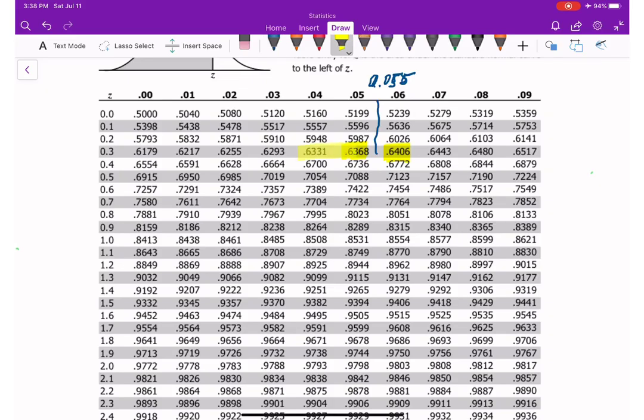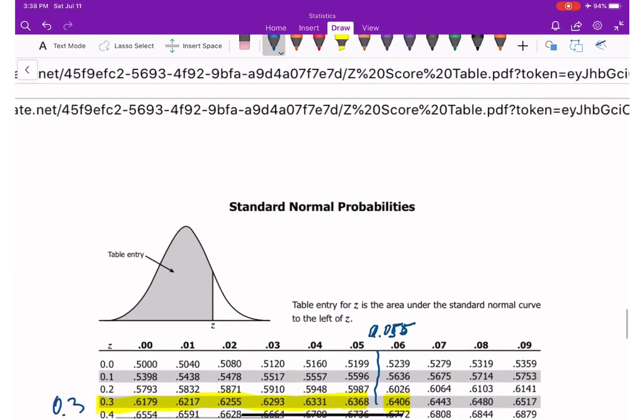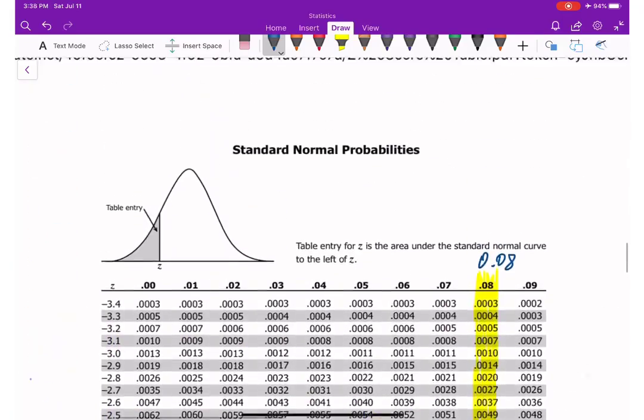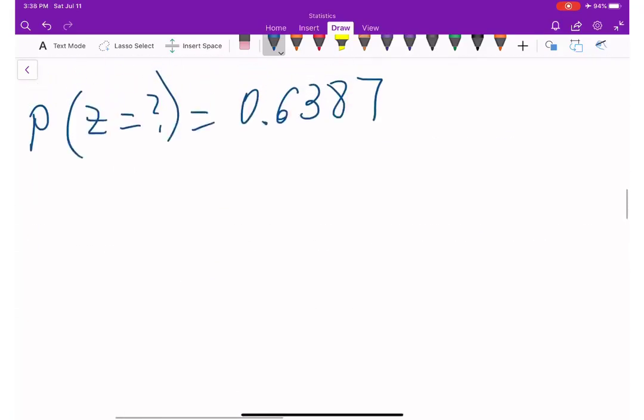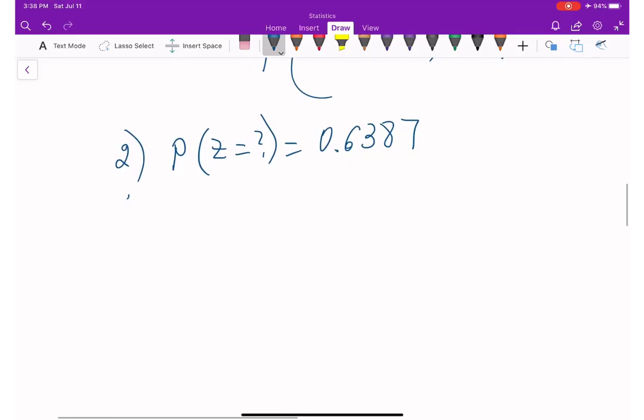And if I'm coming horizontally, it's going to be 0.355. Okay, let's go back. So this z-score is equal to 0.355.